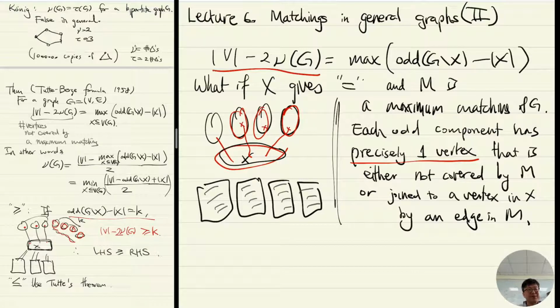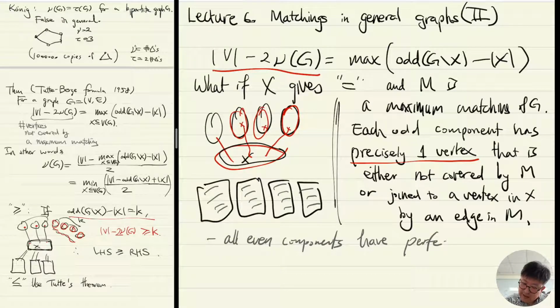So all even components will have a perfect matching, right? Because otherwise you will have more vertices not covered by matching, which means that it's not maximum. Right? So all even components have perfect matchings.